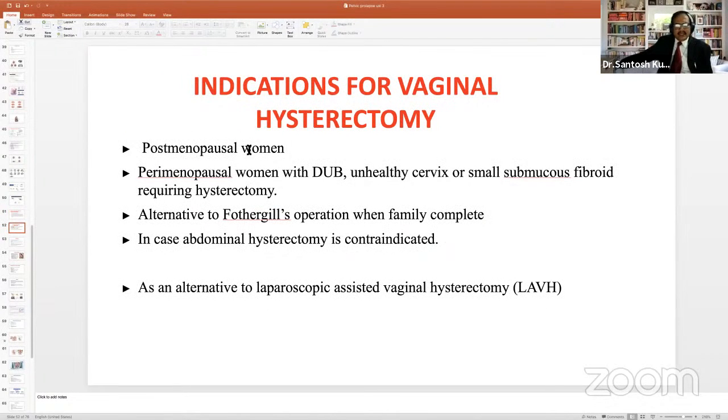Indication of vaginal hysterectomy with repair of prolapse is as an alternative to Fothergill's Manchester operation, in which the patient has completed the family and does not want to preserve the uterus for menses. In those cases you can do vaginal hysterectomy and vaginal repair of all prolapse.